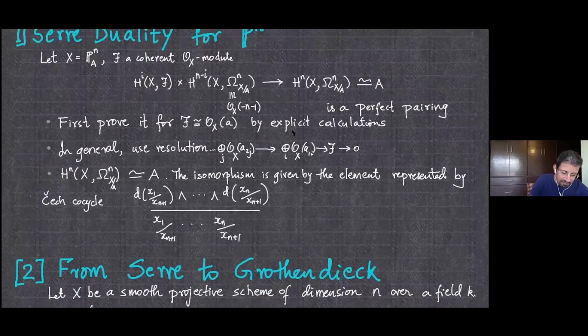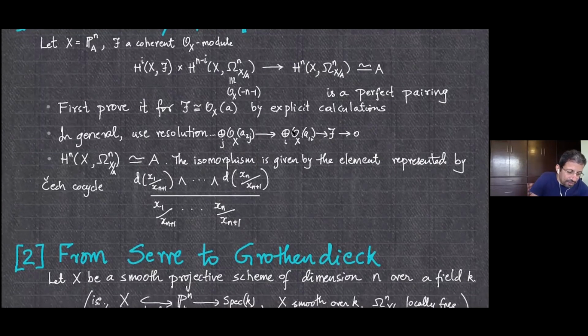And then one uses the fact that you can always project a free module like this onto F, at the graded level, and then you can use that to find a resolution like this, and then use that to extend this isomorphism to general F. And it turns out that the isomorphism on this nth cohomology is represented by an explicit, very canonical form, which is in fact invariant under linear transformations of the projective space.